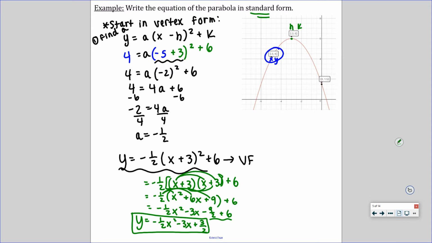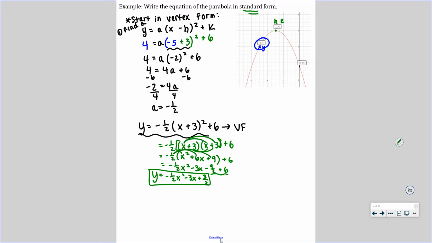And that would be in standard form, what they asked for. So start in vertex form, figure out what that A factor is, and then convert it to standard form. That's the easiest way to do it because there's really no way of jumping right to standard form when given the vertex and a point, because we can't plug those in anywhere. We have to start in vertex form. There's one more later on that we'll do similar.